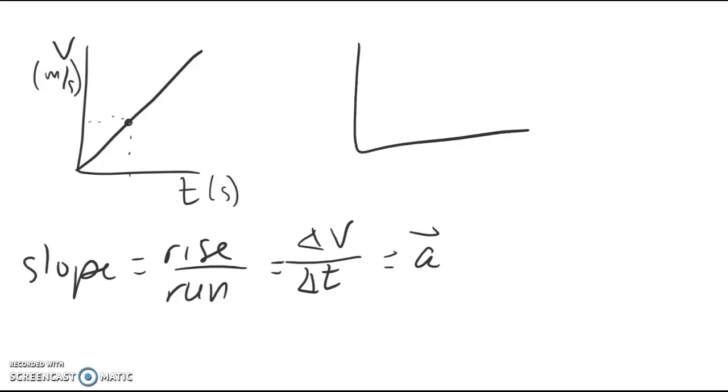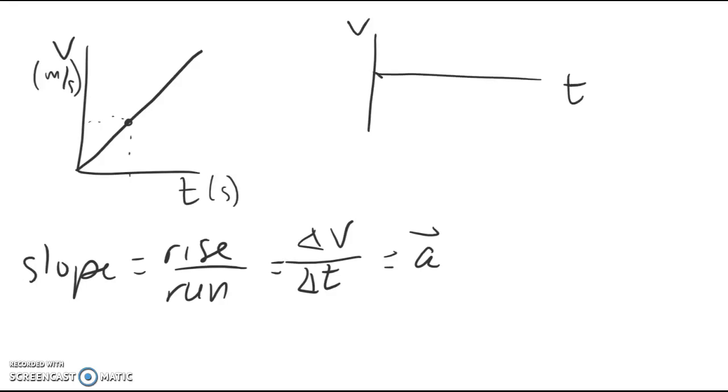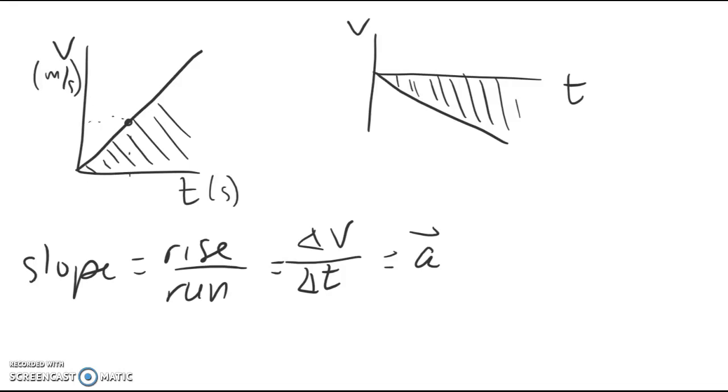Because we could also have a velocity versus time graph in the negative quadrant. In that case, the area would be from our curve or line to the horizontal axis, whereas here, our area is in that region there.